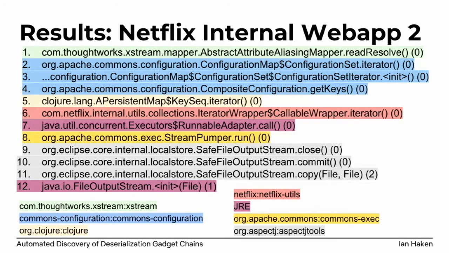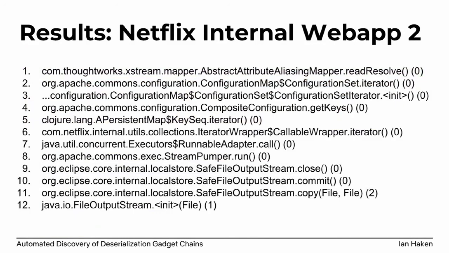And what this gadget chain does is it copies a file from an arbitrary location to an arbitrary location. So what we were able to do with this is copy private keys into the web app resource directory and exfiltrate secrets off of that box. But after a few minutes of manually inspecting this after the fact, what you realize is that there's this stream pumper thing at line 8, which basically copies an input stream to an output stream.